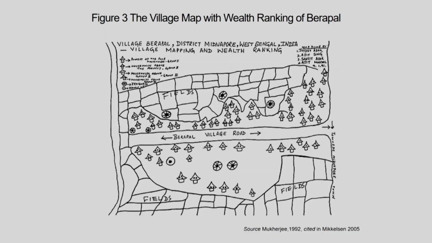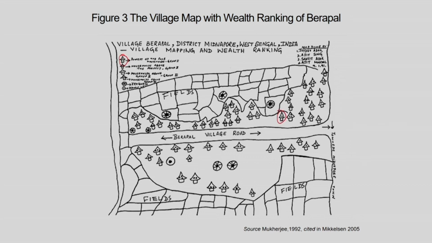Now, here if you see, this is Berapal village, which lies in the southern block of Midnapur district in West Bengal in India. Well irrigation, both by private households and government agencies, has helped increase productivity of the area. So, if you see here, this is a symbol for poorest of the poor households, one dot here.